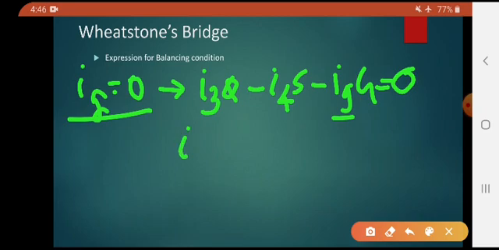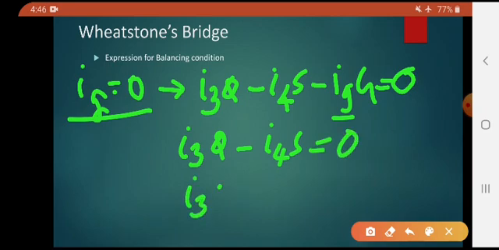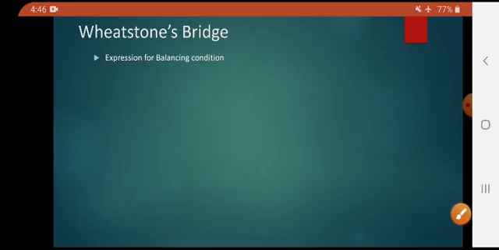Therefore from this equation, I3Q minus I4S equals 0. From this, I3Q equals I4S. Right? We got I3Q equals I4S. This is equation 6.